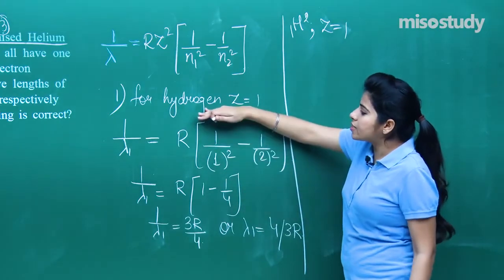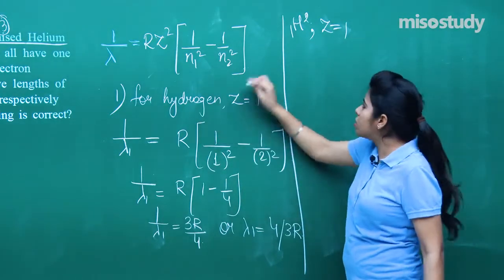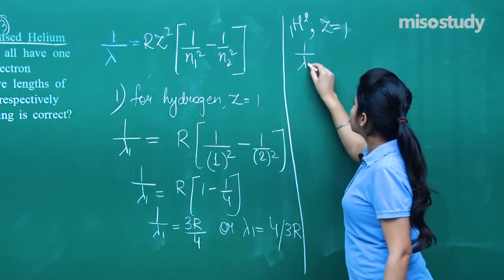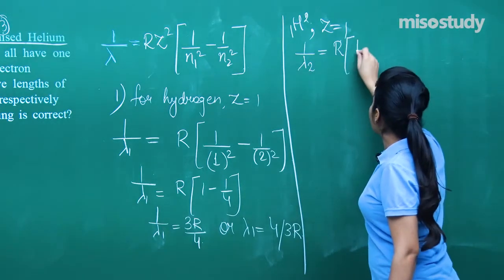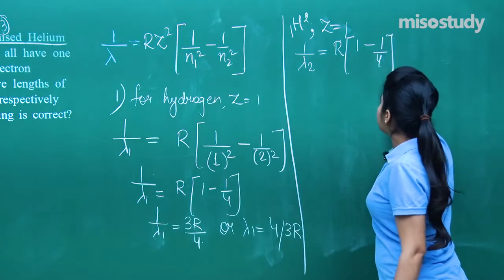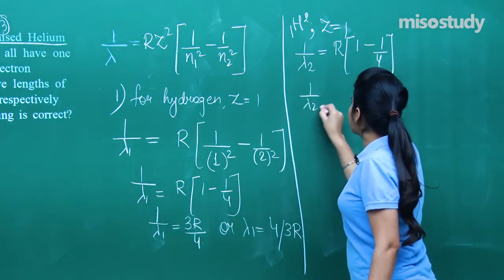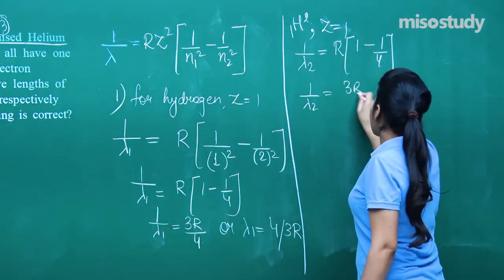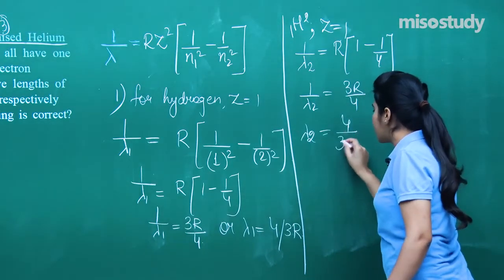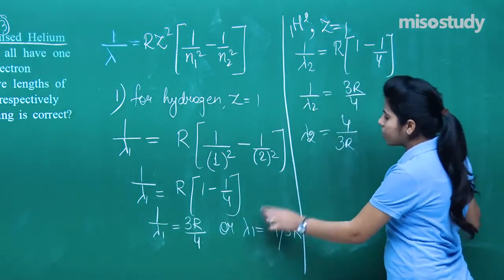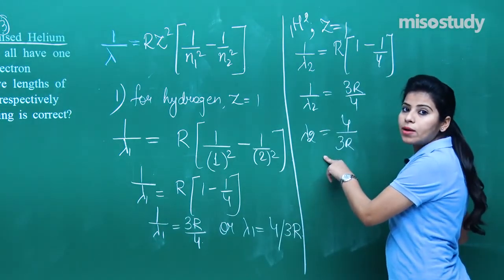If you put in the same values, you get the same answer. For lambda 2, again R times 1 minus 1 by 4, so 1 by lambda 2 equals 3R by 4, or lambda 2 equals 4 by 3R. That means lambda 1 comes out equal to lambda 2.